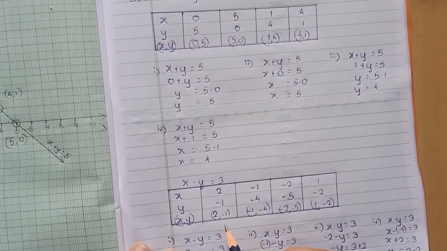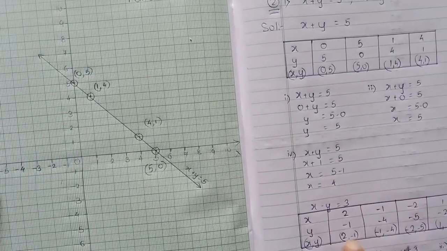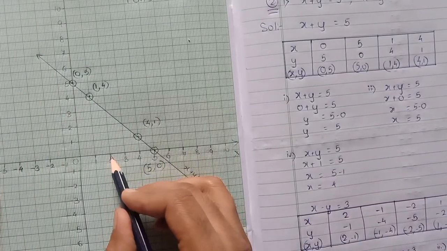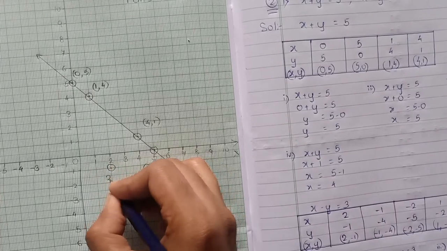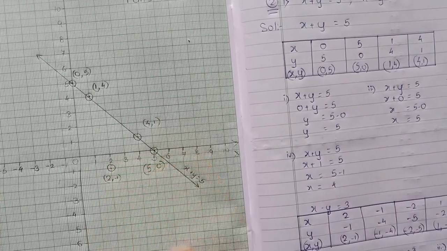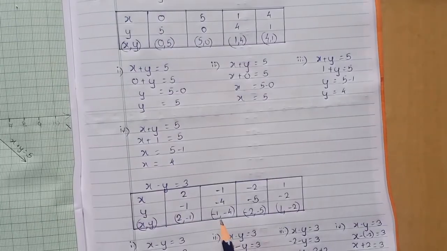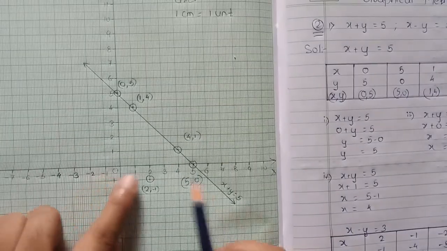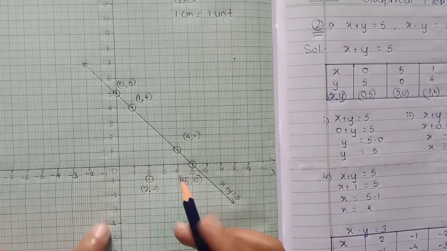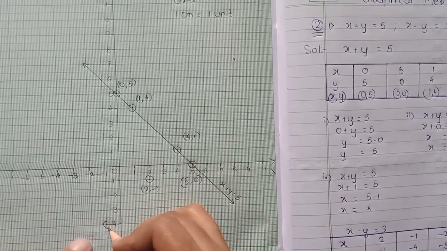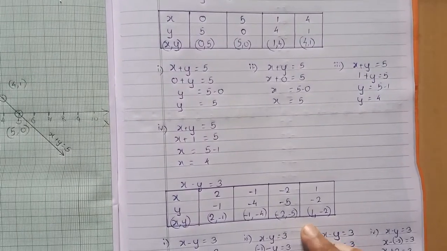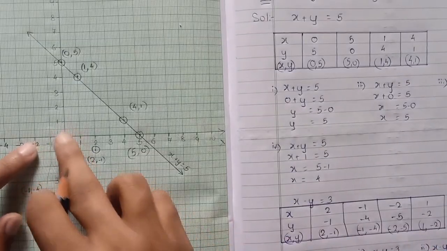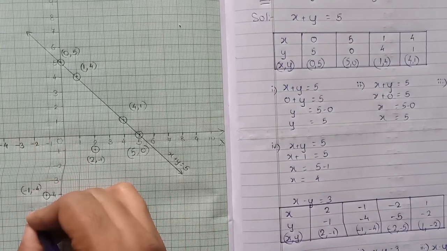The first point of the other equation is 2, minus 1. So x is 2 and y is minus 1, so it would be somewhere here. 2 comma minus 1. The next point is minus 1 comma minus 4. x is minus 1 and y is minus 4. Name it minus 1 comma minus 4. The next point is minus 2 comma minus 5. x is minus 2 and y is minus 5, so it would be here.